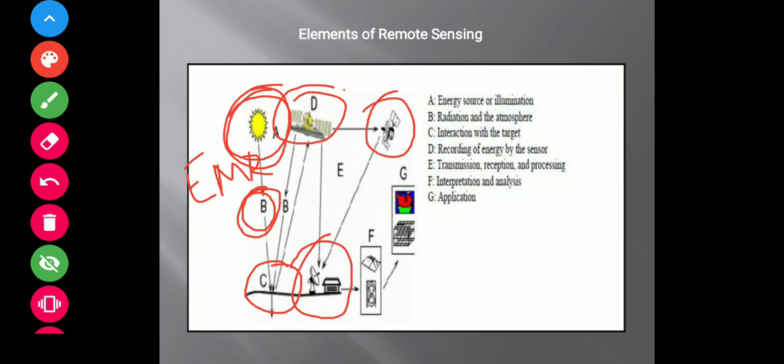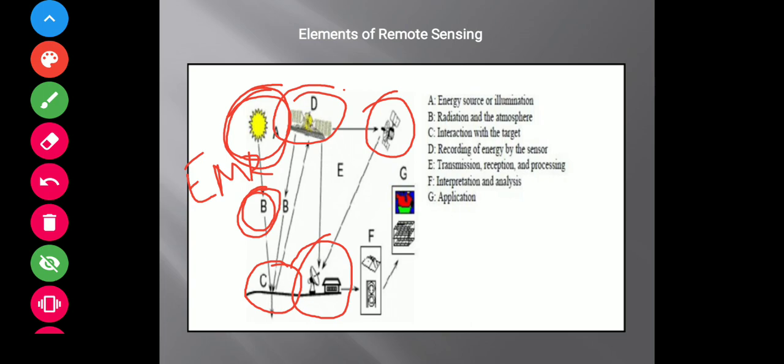This image can be a hard copy or in digital form. Now, from the geostations, it is being sent to F. F is the interpretation and analysis.